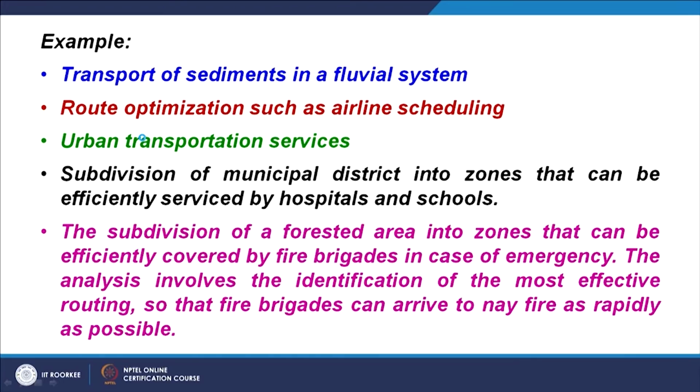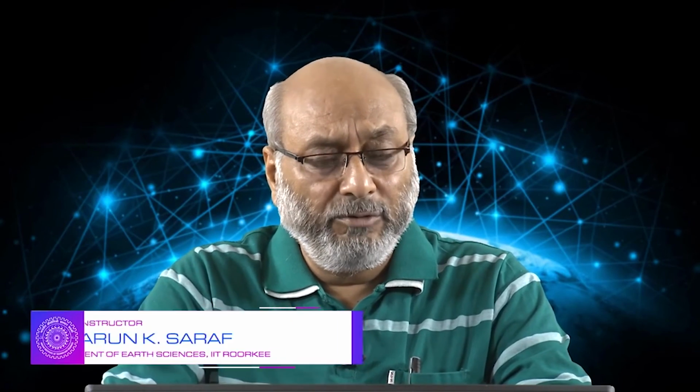If we know which routes are available, then an efficient system can be developed so that the fire brigade can reach very quickly the spot where the fire has occurred. So, this kind of analysis involves the identification of the most effective routing, so that the fire brigade, ambulance, or any emergency service can arrive as rapidly as possible.